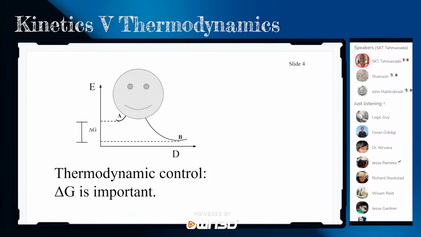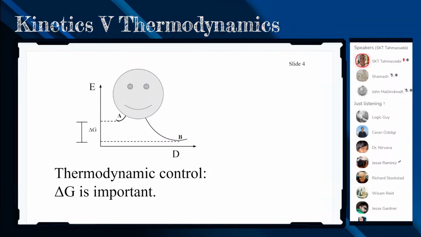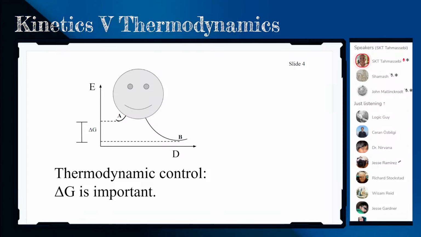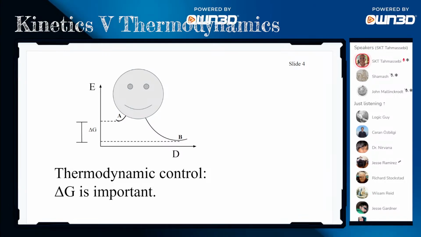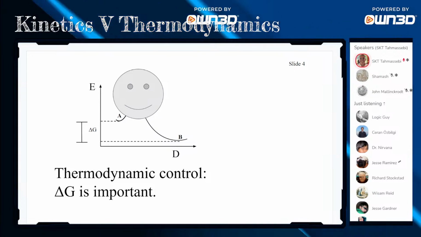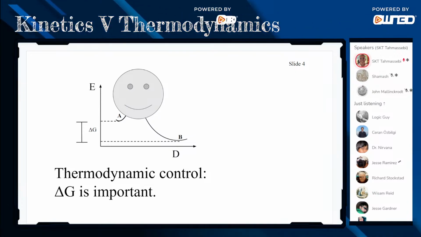Right. I was just thinking that thermodynamic control might mean, for instance, that if delta G is small, then the temperature determines the percentage that you'll find in both states. That is an example of a reaction under thermodynamic control, but that sounds like it's not the thermodynamic equilibrium definition.